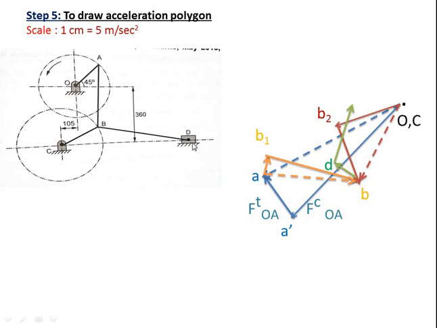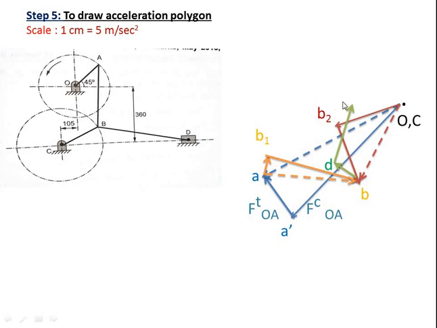Now we will go for the slider, because as D is on link BD, it is also on slider D. So D must be at the intersection of the tangential of BD and the slider. How will the acceleration of the slider be? The acceleration of the slider will be horizontal, linear. So from O, in a horizontal direction, just draw a line.